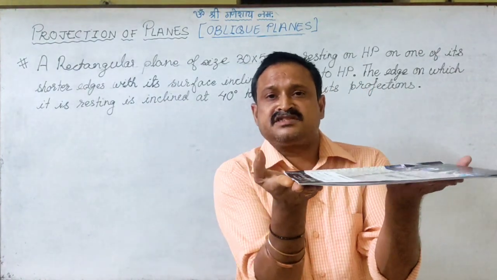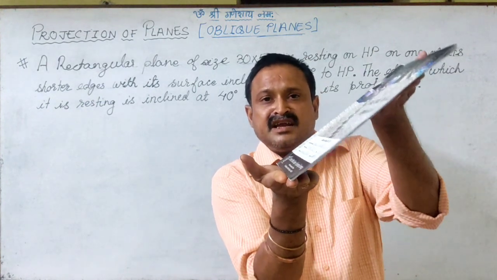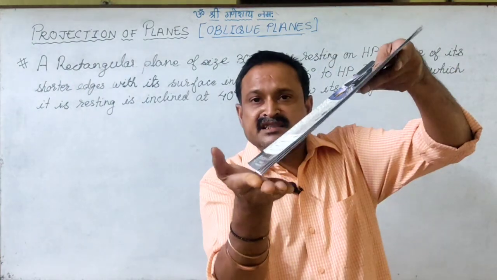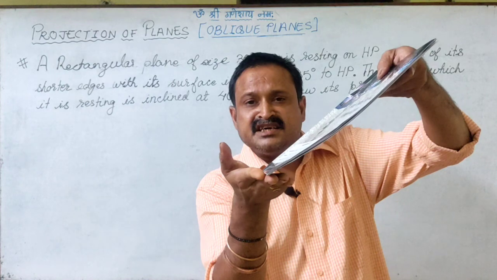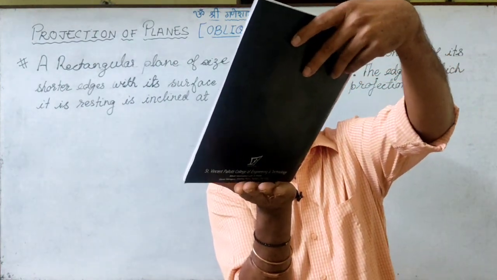So see how the second inclination is put into the situation. It is inclined at 35 degrees to HP, and the edge on which it is resting is inclined at 40 degrees to VP.